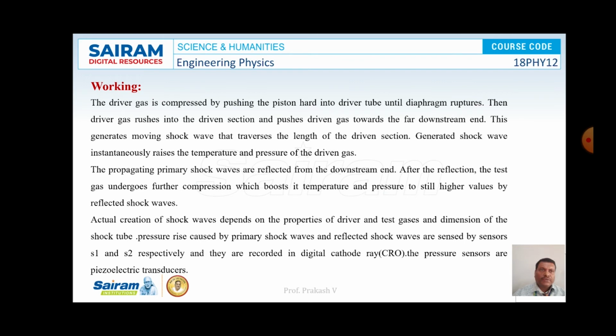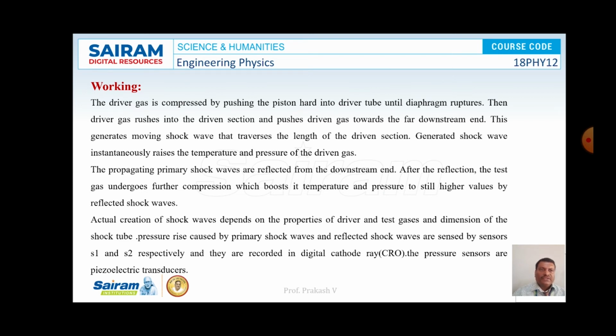The propagating primary shock waves are reflected from the downstream end. After the reflection, the test gas undergoes further compression, which boosts the temperature and pressure to still higher values by the reflected shock waves. The actual creation of shock waves depends on the properties of the driver and test gases and the dimensions of the shock tube.